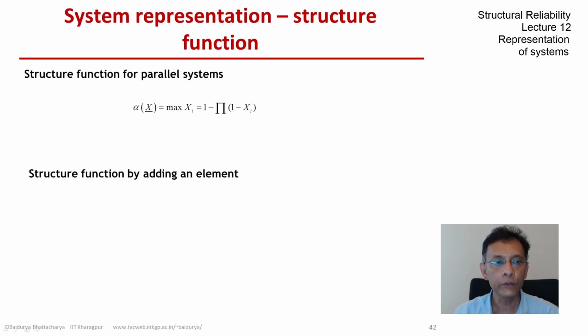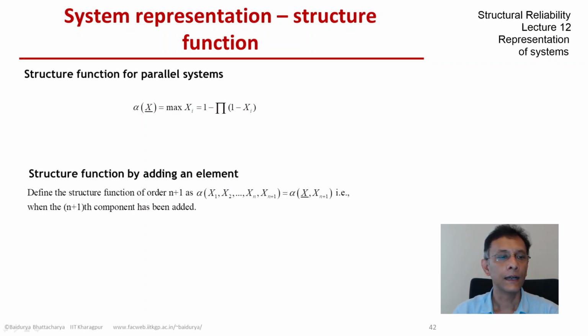There's one useful way of expanding the structure function of a system when you add one element. It's basically using the partition approach that we have done before. So if there are n elements and we add one more, x n plus 1, which we explicitly write as alpha of x vector comma x n plus 1, then we can express this very conveniently in terms of a sum.